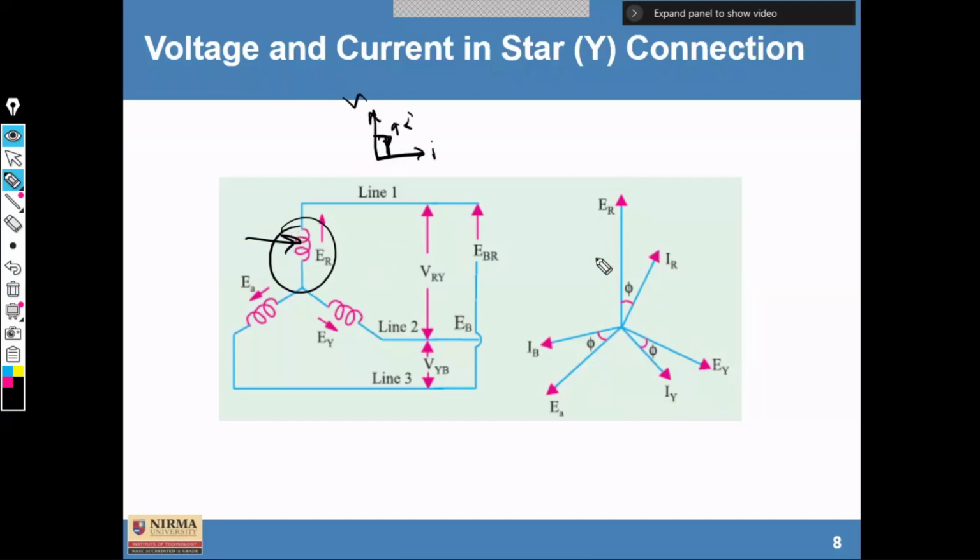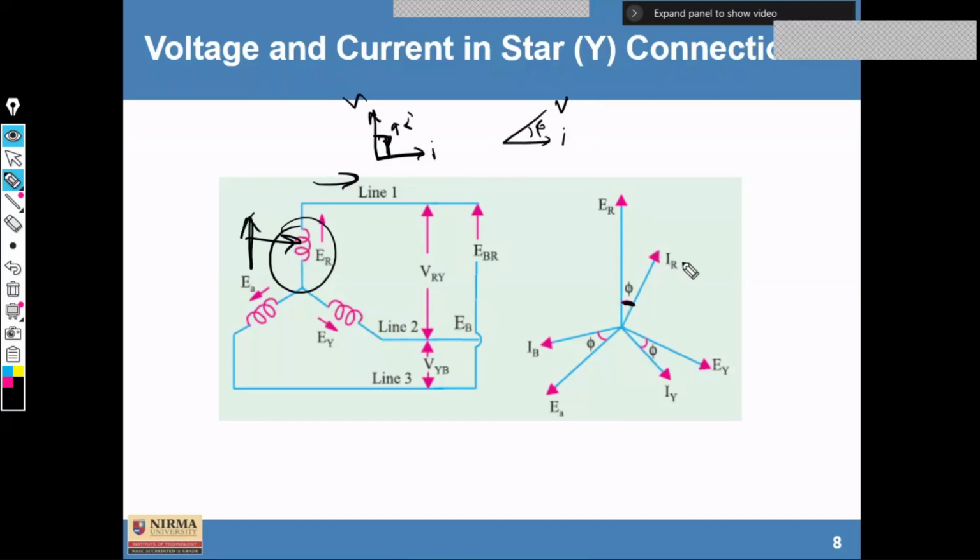So the angle between I and V is phi. The current vector IR, which is the same as the phase current and line current, can be represented with an angle phi instead of 90 degrees.